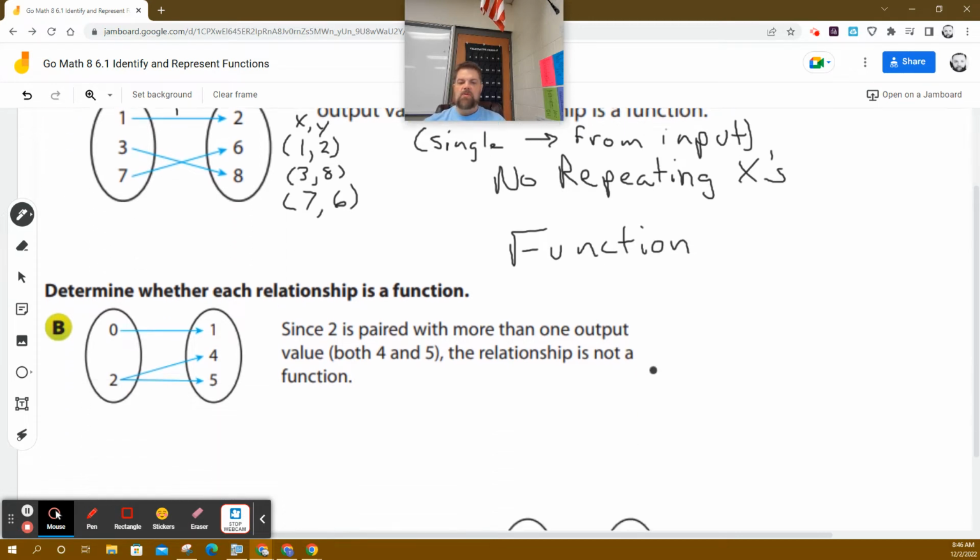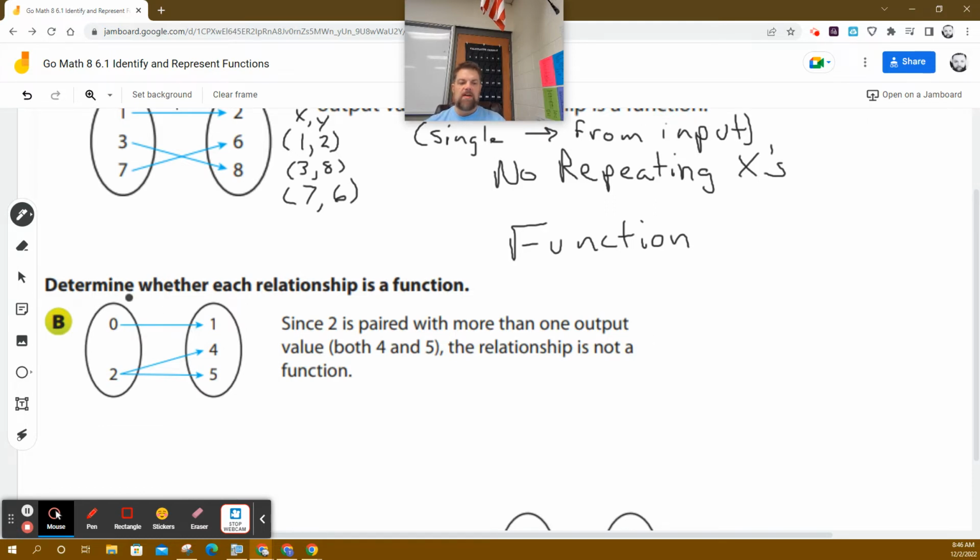But now, if I go here, remember this is my input x, this is my output y. I've got the point (0, 1), right? This is my x value, this is my y value. And then over here, now wait a second. Now I've got (2, 4) and I've got (2, 5).